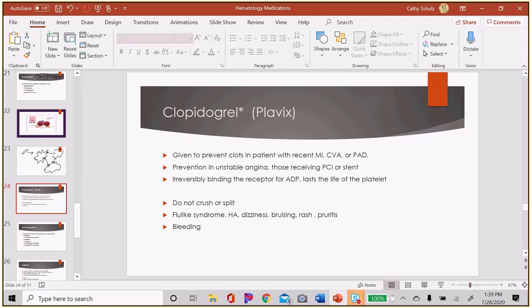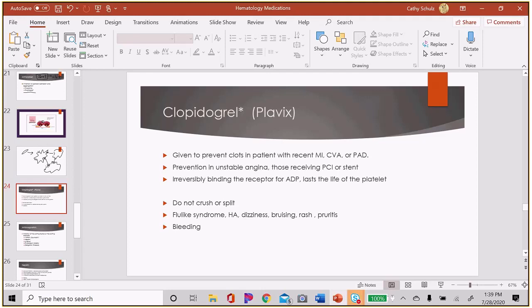This also lasts the life of the platelet, irreversibly binding to these receptors. So just like aspirin lasts the life of the platelet, which is 7 days, Clopidogrel lasts the life of the platelet, which is 7 days. So I don't know if you recall from the beginning of the semester, the first unit, that you had to hold aspirin for procedures, depending on what the provider said, for at least 3 to 4 days, but the best scenario would be to hold for 7 days.